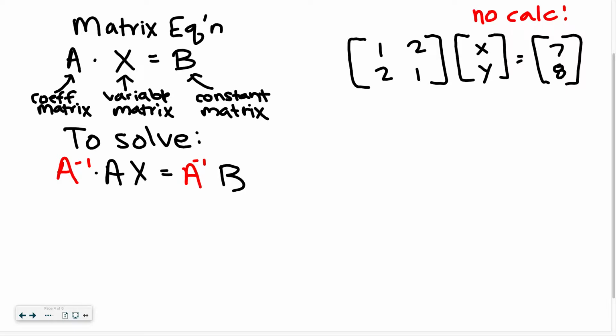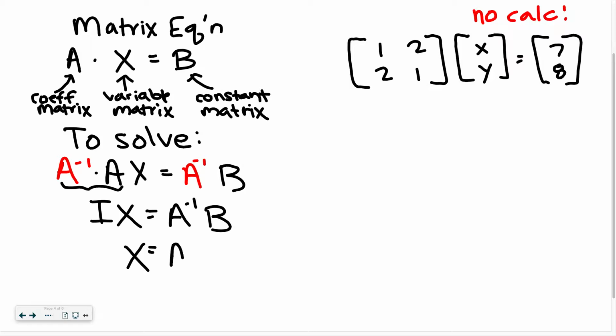Because on this left side, when I take A inverse times A, what always happens when I multiply an inverse by a regular matrix? I get the identity matrix. So it's the identity matrix times my variable matrix. And the identity times x is really just x. That's what I showed you on that very first one.